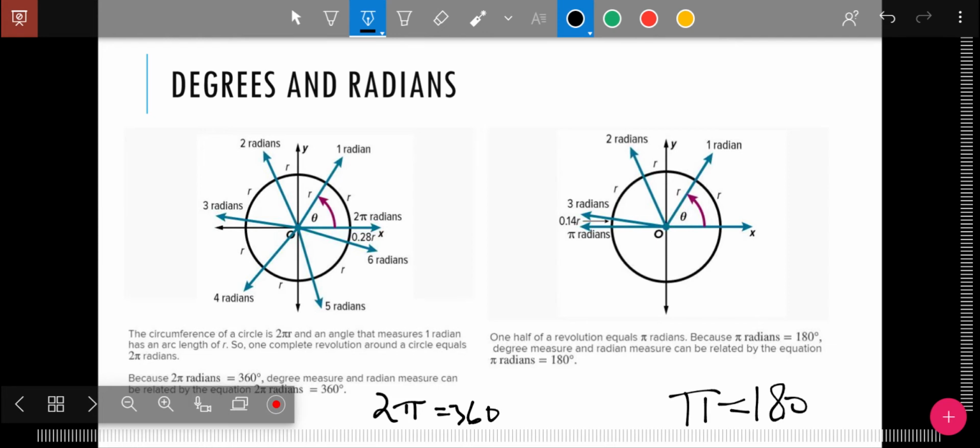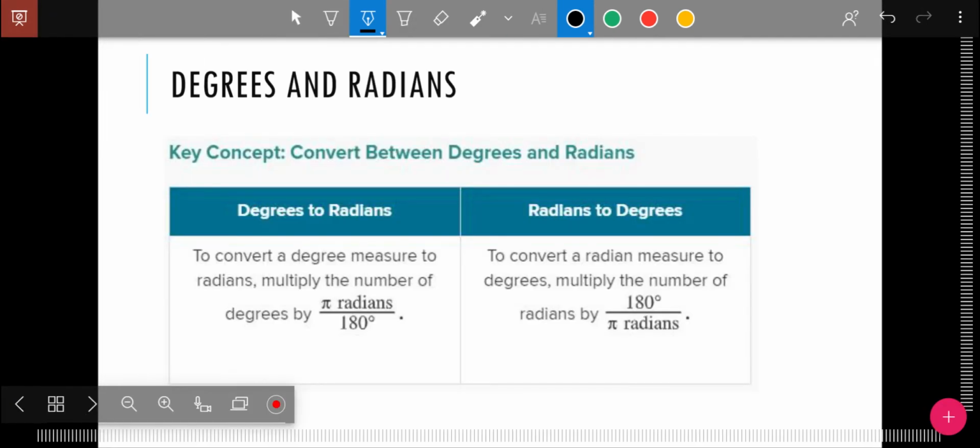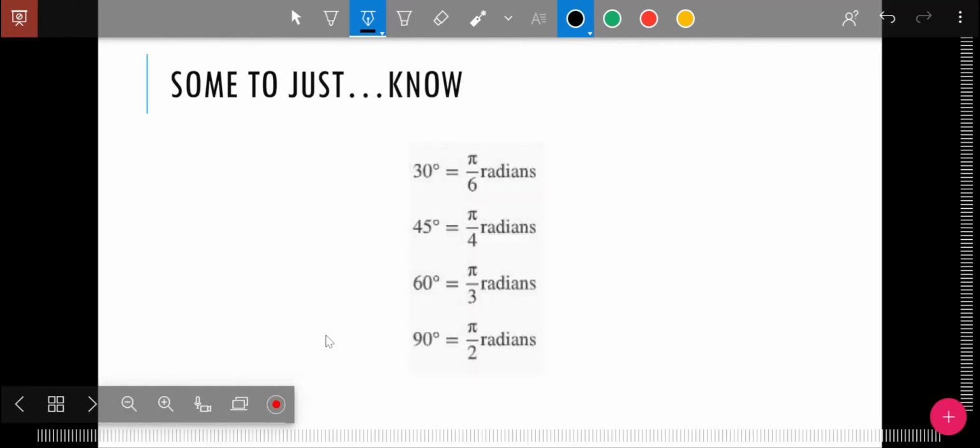One pi radians and 2 pi radians, right? Let's come back to these. These are some other ones you should probably just get to the point where you just know. At least in pre-calc, you should just know these. Pi over 6 is 30 degrees.